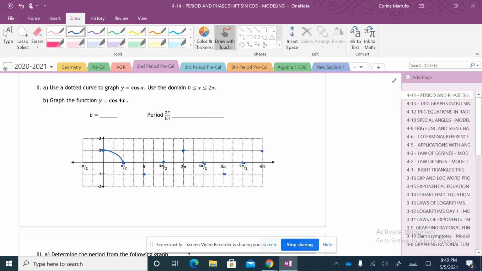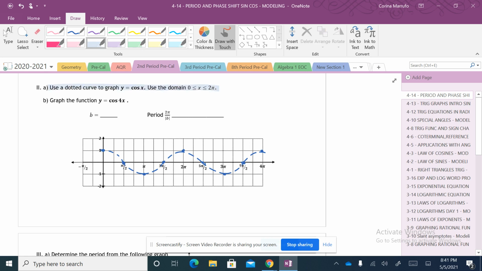This is what our cosine function looks like. It's supposed to be a dotted curve, so I'm just going to make it into a dashed curve. All right, so that's my cosine function.